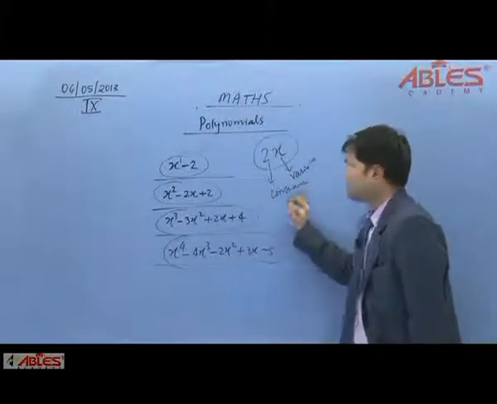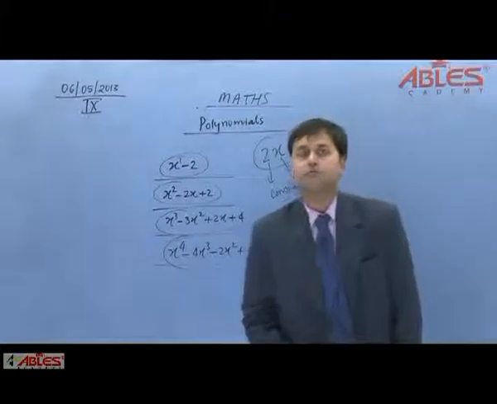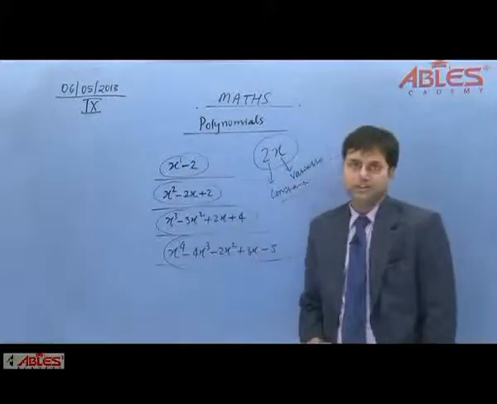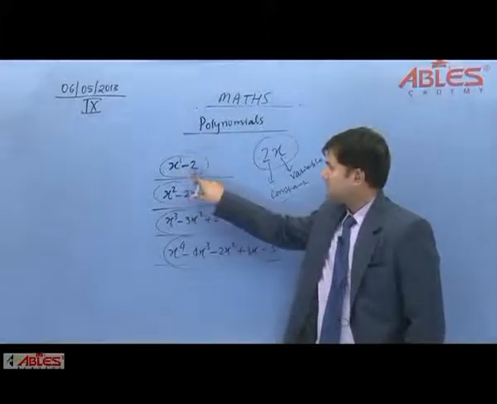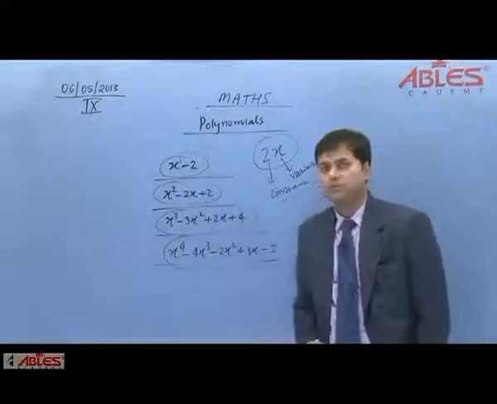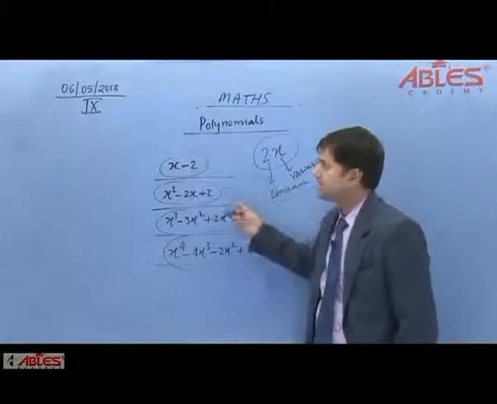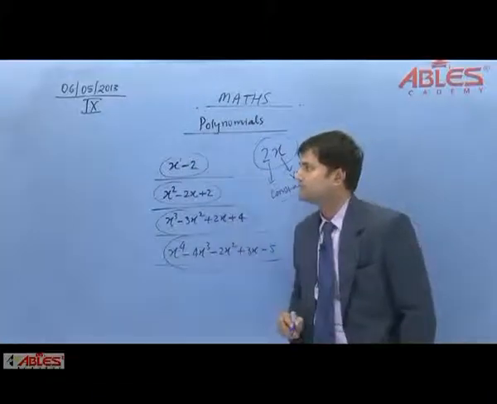What we have to do is note the power of the variable. In x minus 2, the variable term is x, and nothing is given as its power, so if nothing is given, the power is 1.